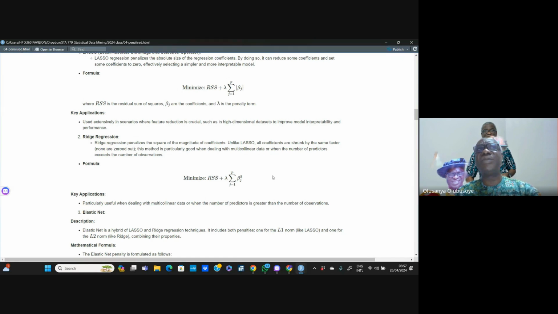There are situations where you have more features than number of observations. If that happens, you can use ridge regression.